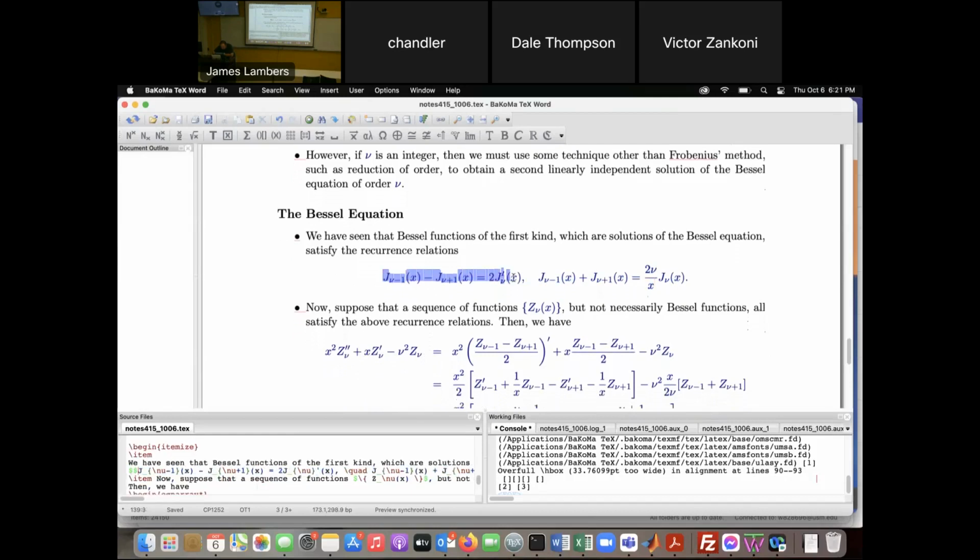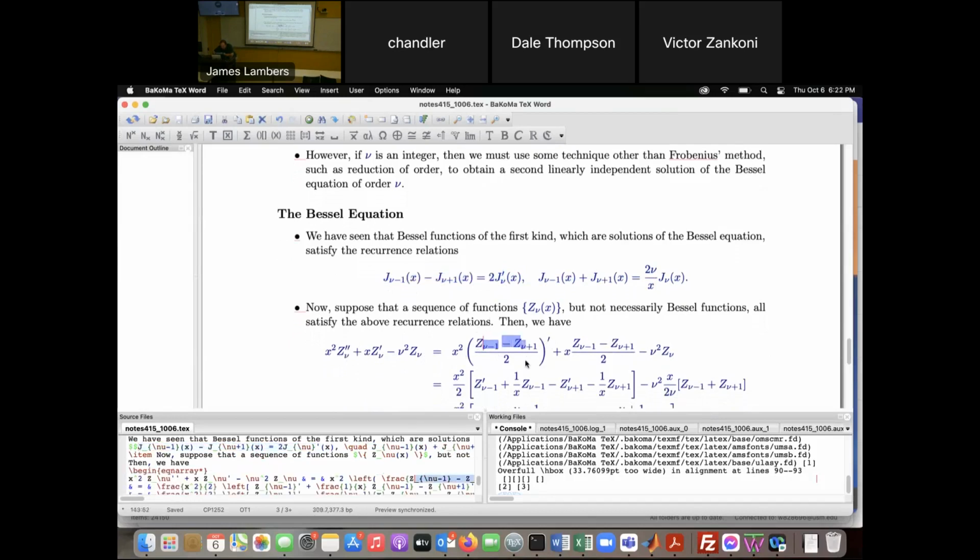So for example, what I have here, I can divide by 2 and I have an expression for a first derivative of J nu. So then the second derivative would be the first derivative of this divided by 2. So this relationship gives me this for the second derivative. And I have that here also, same thing for the first derivative.